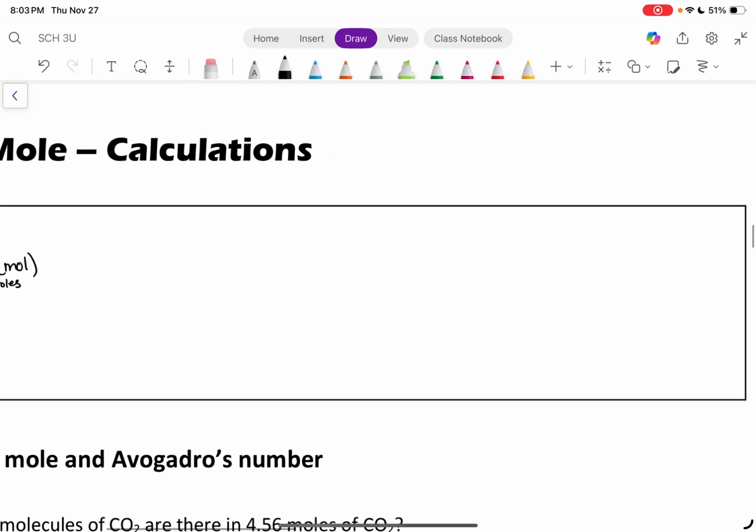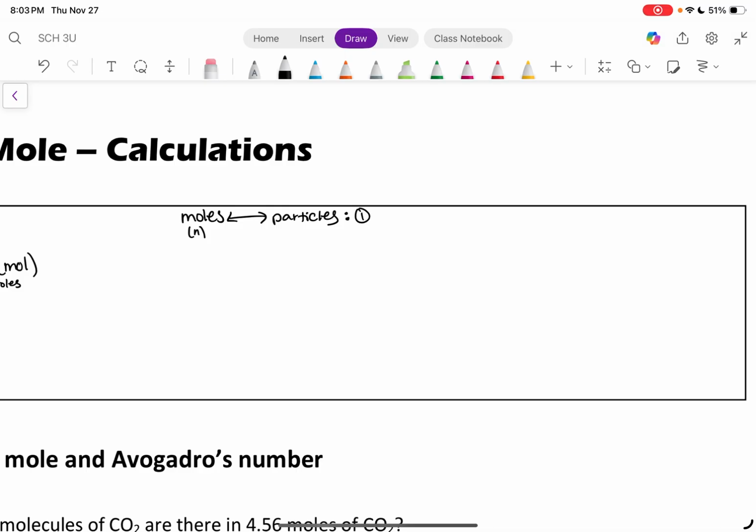The second formula that we need to take a look at: a lot of the time, what you're going to see is we need to convert between moles and particles, where moles is our n value. So particles, there are three different ways that we are going to talk about particles.